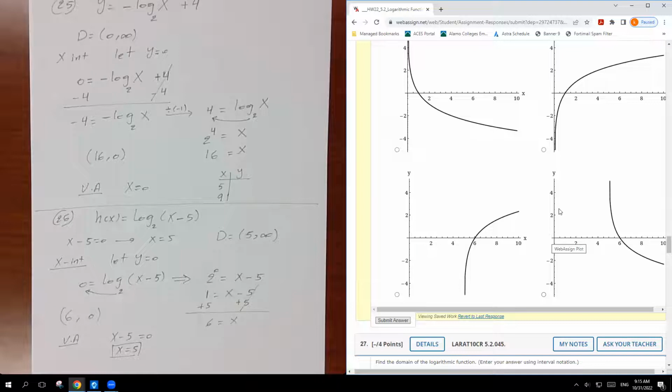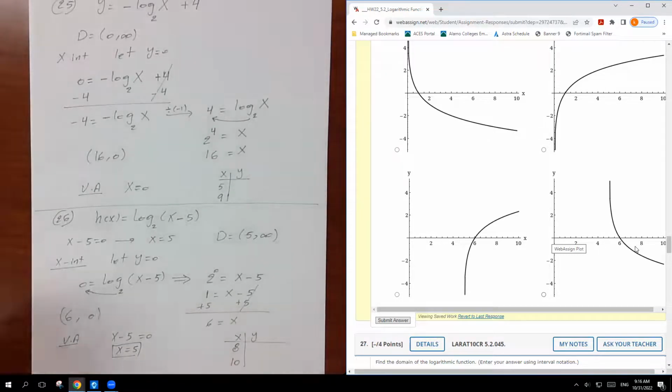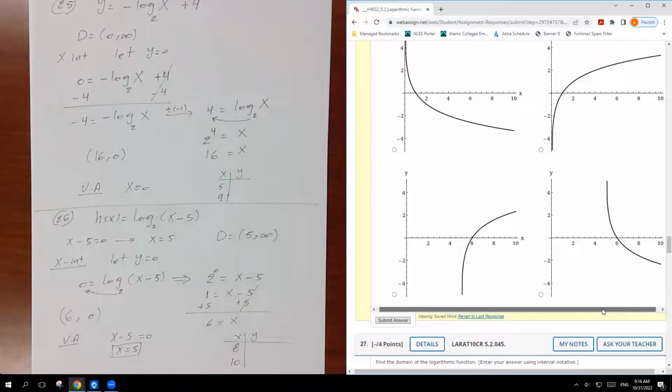Without using a calculator to find the right graph, you have to take 2 points. The last thing you have to do without using a calculator, you can take 8 and you can take 10. 8 and 10. Plug in these two numbers to find the y.